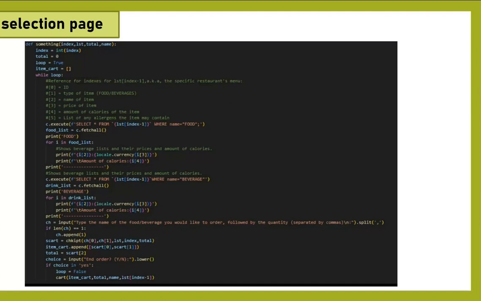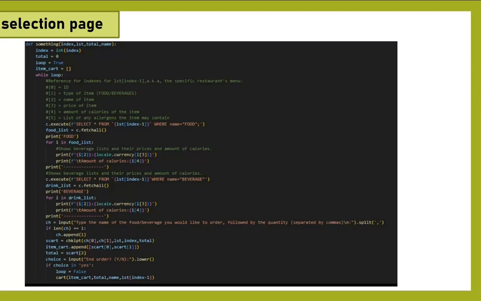The food and beverage they're ordering is case sensitive, so they have to write exactly as written in the menu. And if they do not write a quantity, we're just going to assume they ordered 1. The quantity is 1, so we append 1.